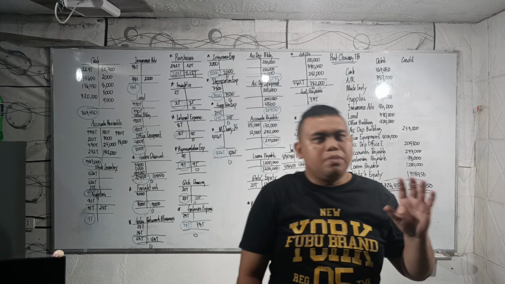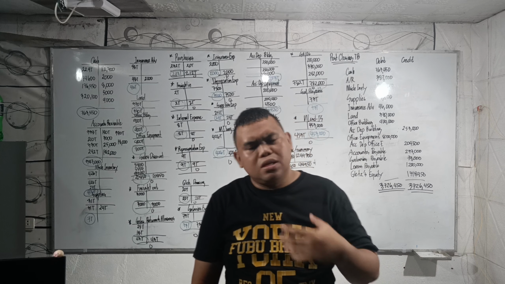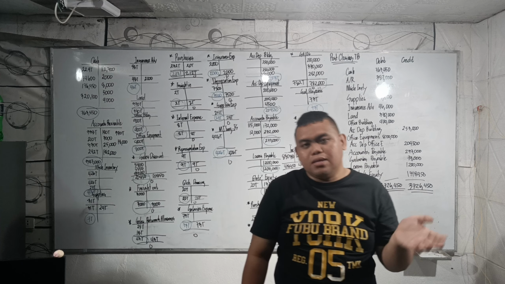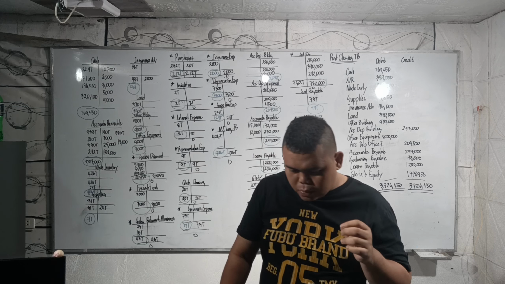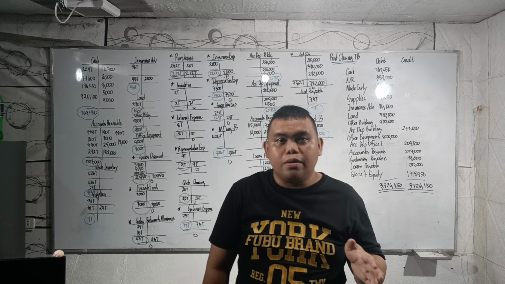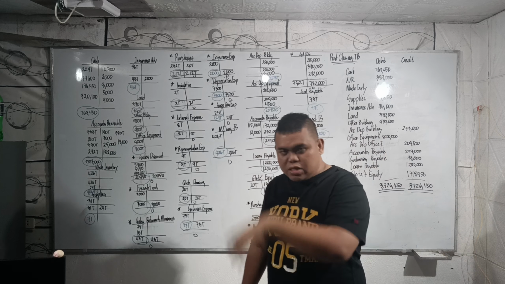Okay? So what was debited will be credited, and what was credited will be debited. That's as easy as that. The timing of reversing entries is also easy to remember: it is the beginning of the next period.